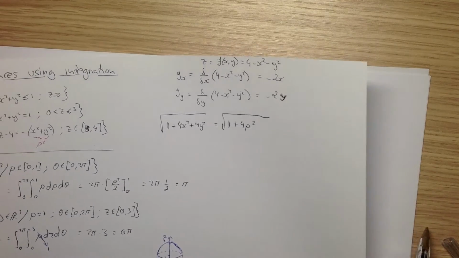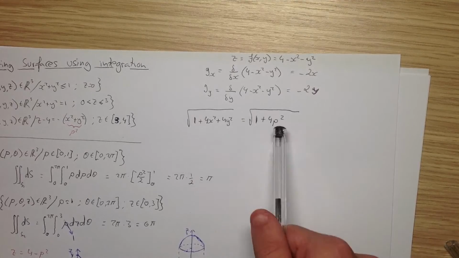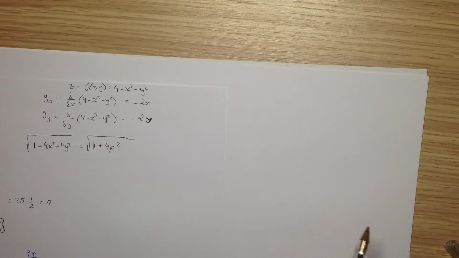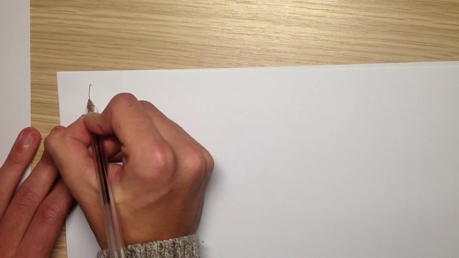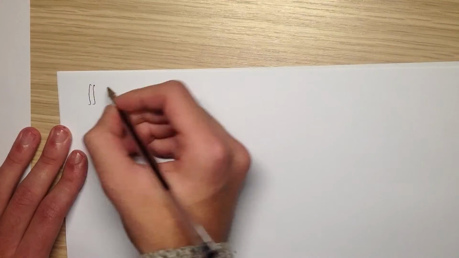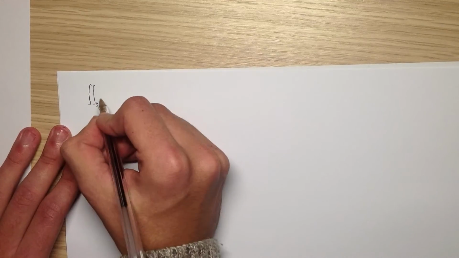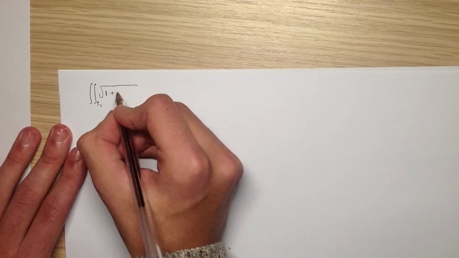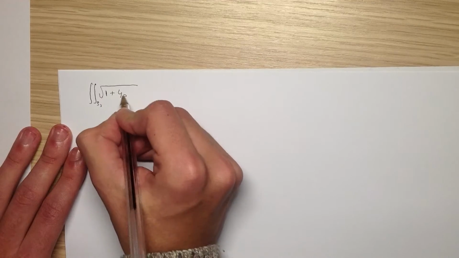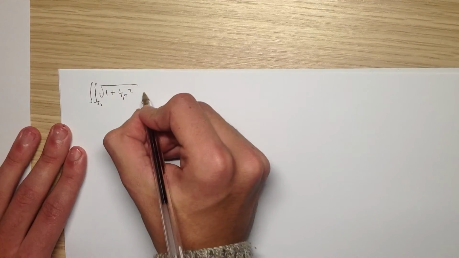Now we need to integrate this for our third domain. So, how would this go? It will be a double integral of what we've just done, 1 plus 4 rho squared.